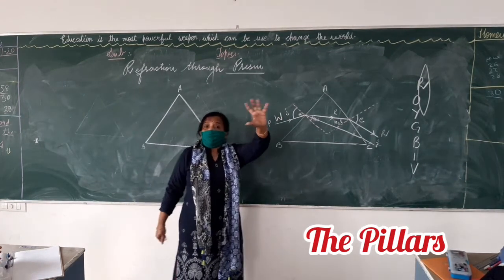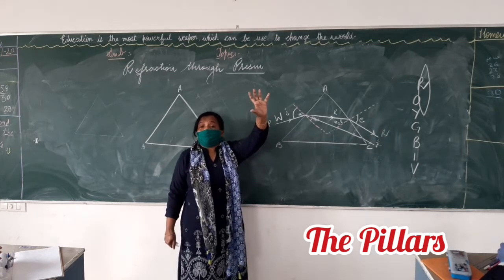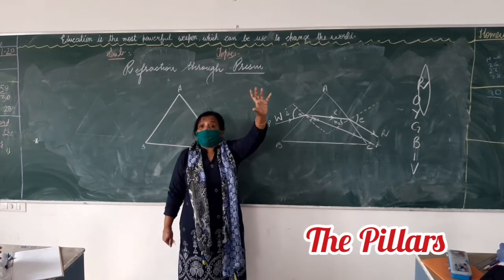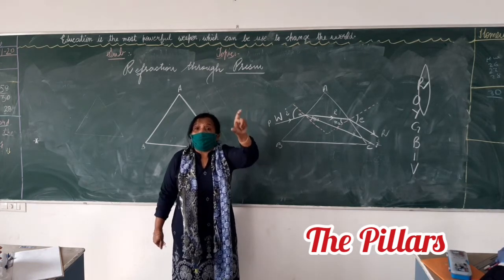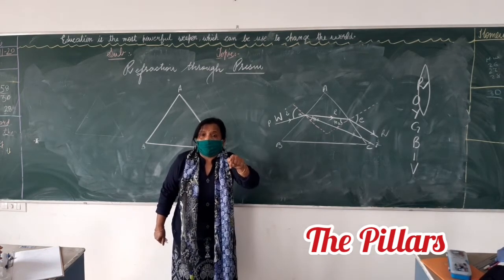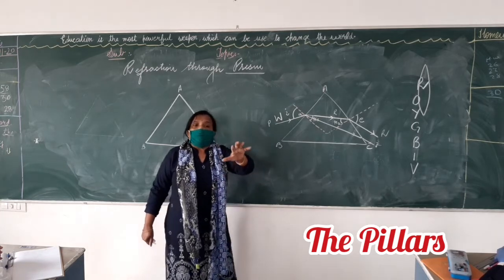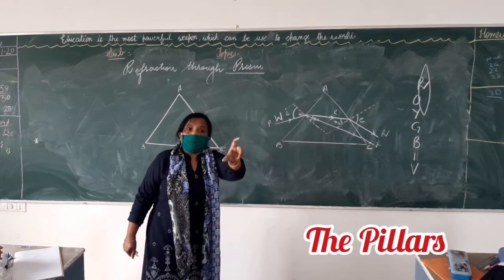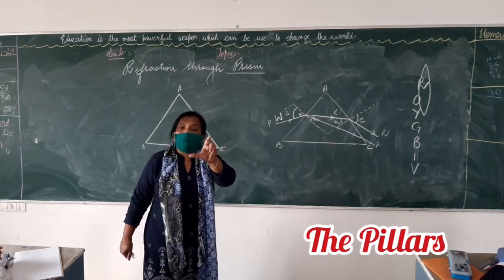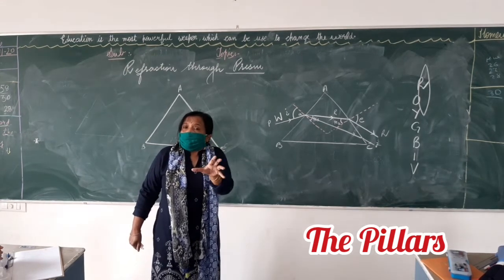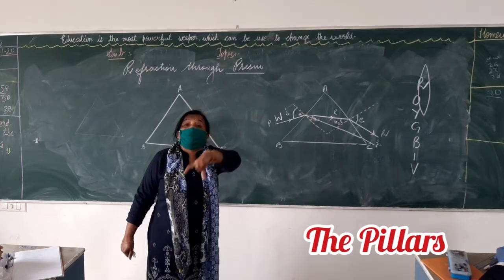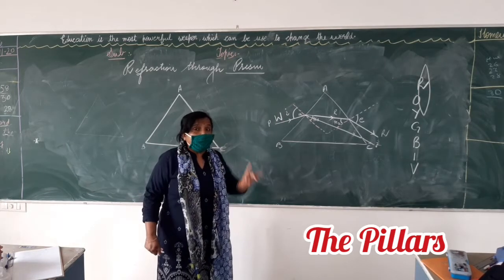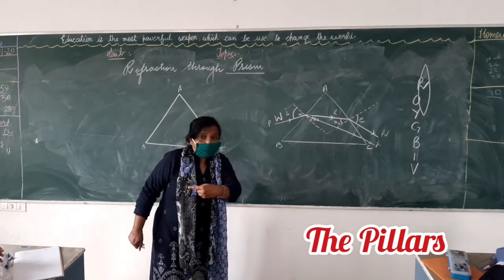What is the reason for dispersion of light? It is because of the refractive index of the material of the prism. Remember children, whatever prism or lenses you see in your lab, either they are made up of flint glass or crown glass. 2 types of glasses are available, flint and crown.